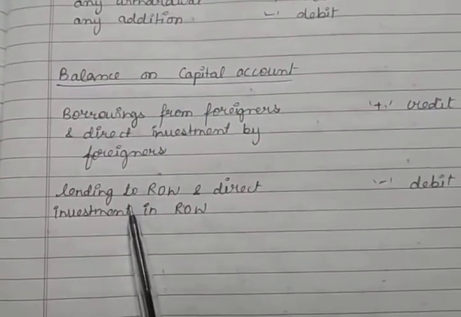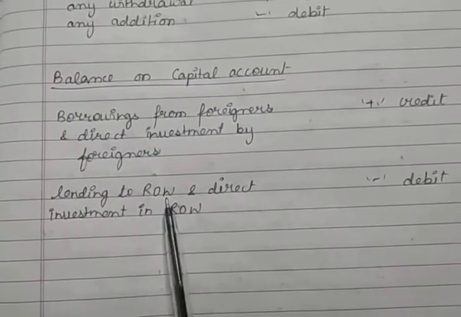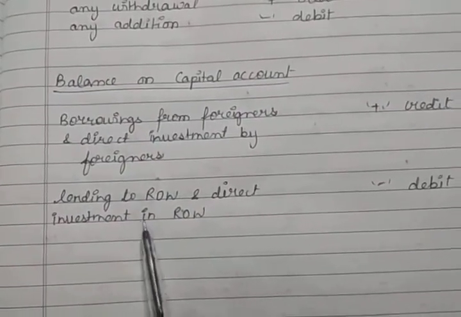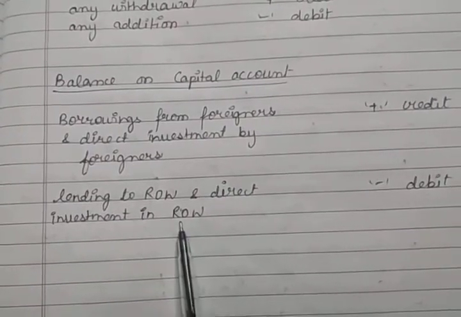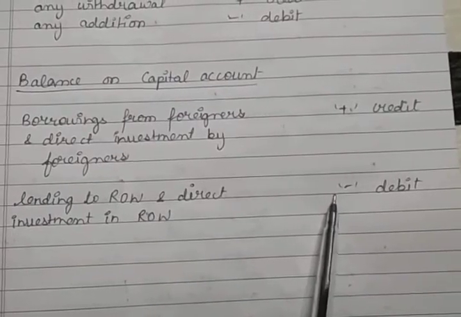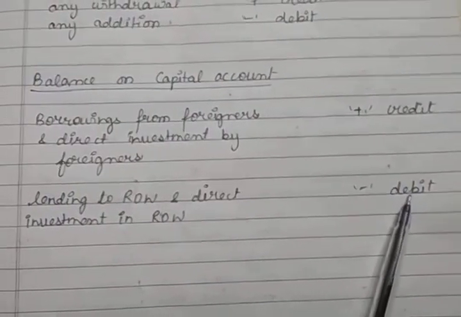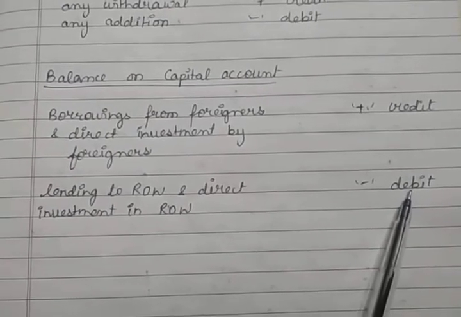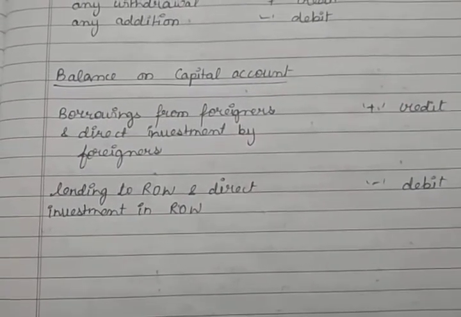On the other hand, lending to the rest of the world and direct investment in the rest of the world represent outflows, and they are negative items, or debits, because they are payments to foreigners. The net value of these credits and debits is the balance on capital account.